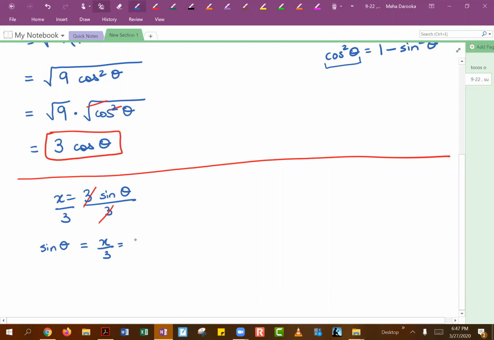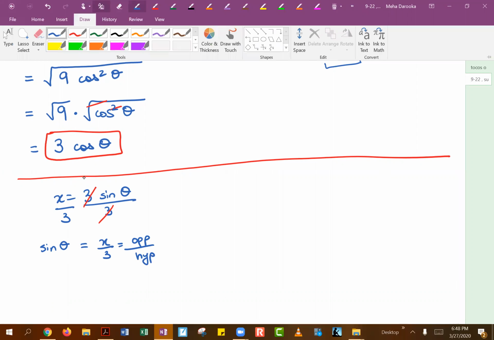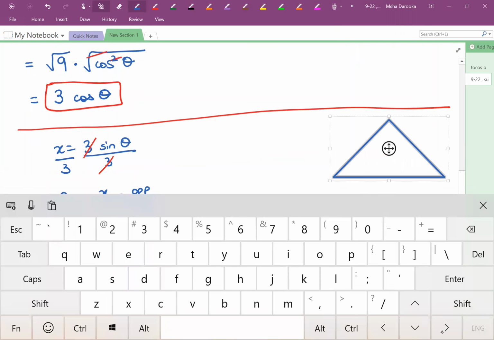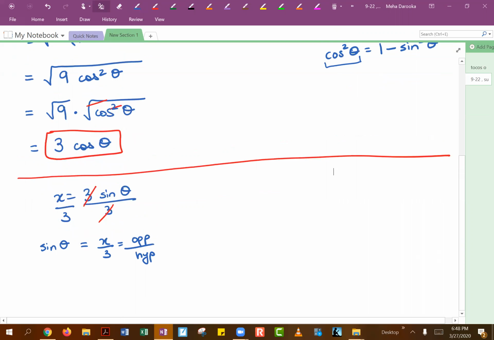And of course, sine is opposite over hypotenuse. So using a little triangle, no, this guy will not work, will it? All right, let's get rid of him. Okay, so let's just do a simple right triangle.